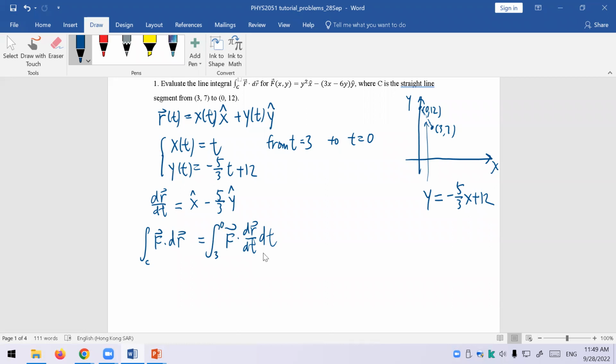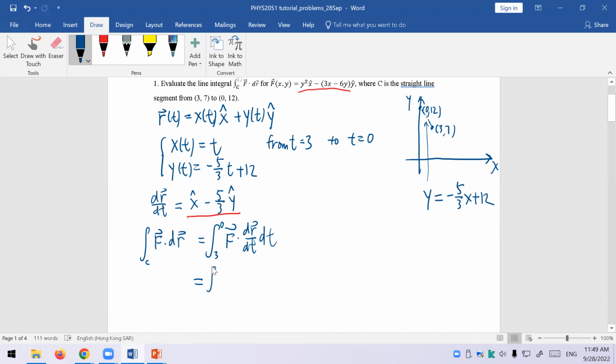What you need to do is a dot product between this f and this dr dt. This dr dt is something that we found already, and f is this one. Of course, f is a function of x and y, but you need to express that also as a function of t.